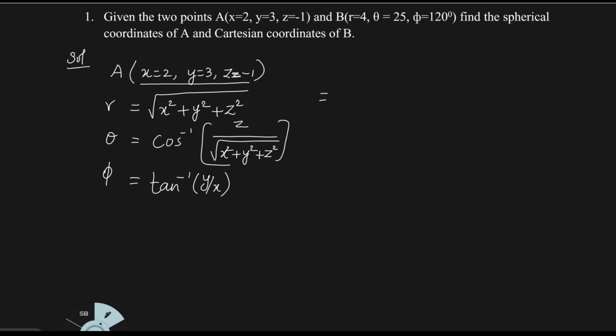Let's find out the value of r. Substitute the values of x, y, z in the corresponding formulas. So, square root of x value, which is 2, so 2 square, plus y square, y is 3, so 3 square, plus the value of z is minus 1, so minus 1 square. 2 square is 4, plus 3 square is 9, plus minus 1 square, which is plus 1.